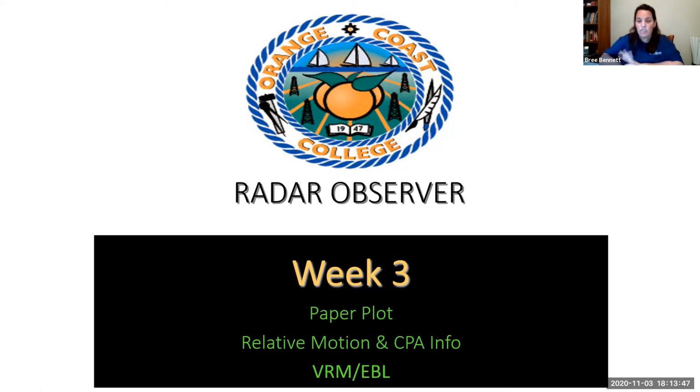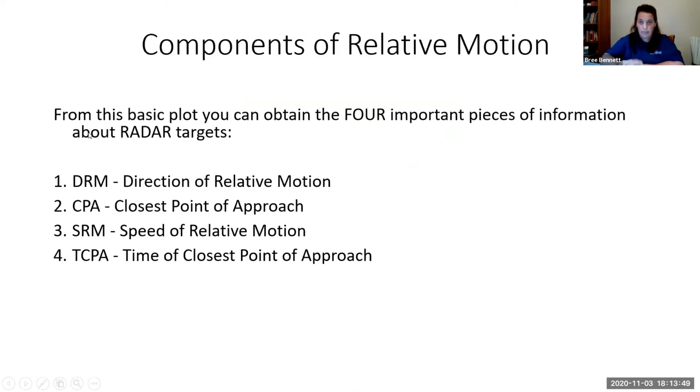So today we're learning the paper plot. We kind of started going over it a little bit last week, but the basic 4 things that we're going to be working on today are direction of relative motion, speed of relative motion, and then closest point of approach and the time of the closest point of approach.